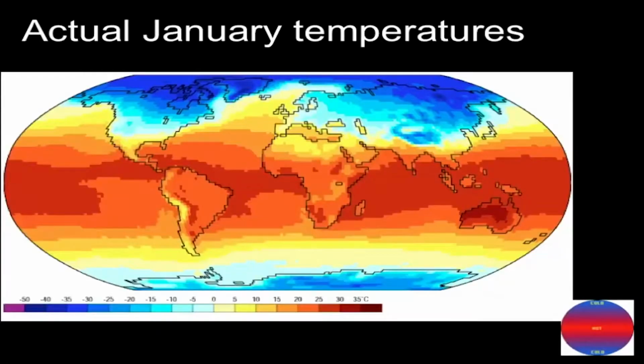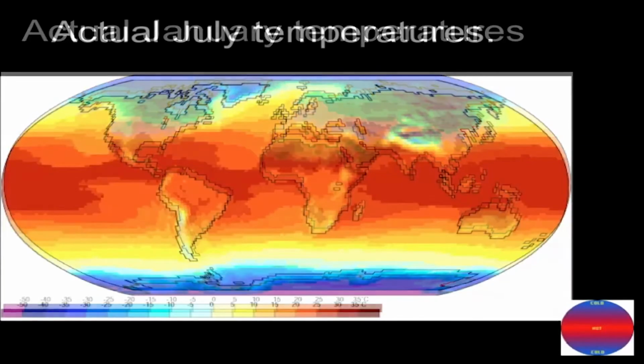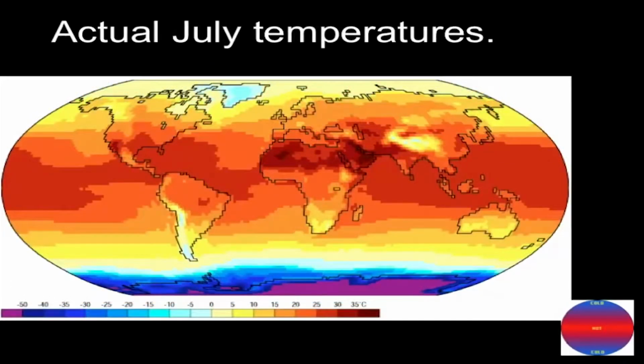Now, if we take a look at a satellite observation of where the warmest surface is in the month of January, this is what we get. Notice it is through South America, through the middle part of Africa, and Australia is very, very warm. Now, as we shift to July, you're going to see the red lines in the center shift to the north, while the south, around Antarctica, it's going to get colder.